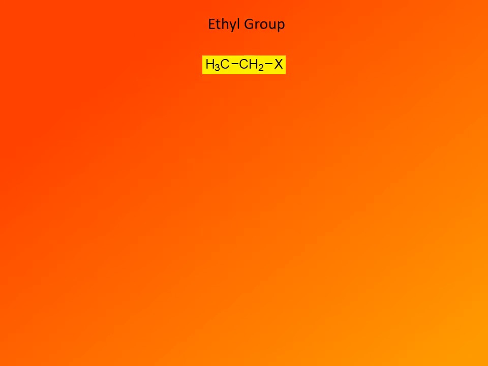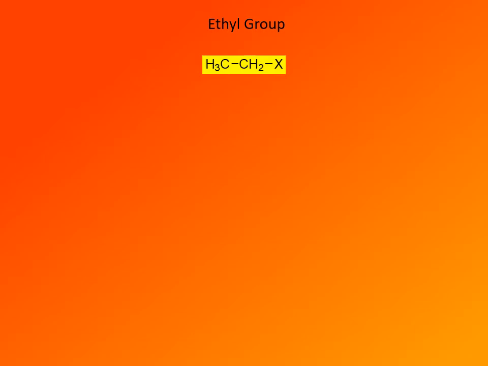Now let's consider what a signal due to an ethyl group is going to look like in a proton NMR spectrum. So we are going to consider some general compounds with formula CH3CH2X, where X is either a substituent that has no protons, so that the ethyl group is isolated, or is a substituent like the OH group in ethanol, where hydrogen is attached to oxygen and is hydrogen bonded. Hydrogen bonded hydrogens do not split signals because of the rapid exchange due to hydrogen bonding.